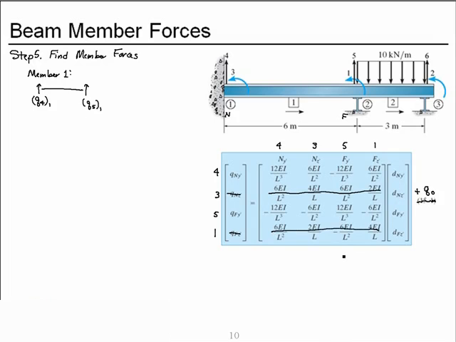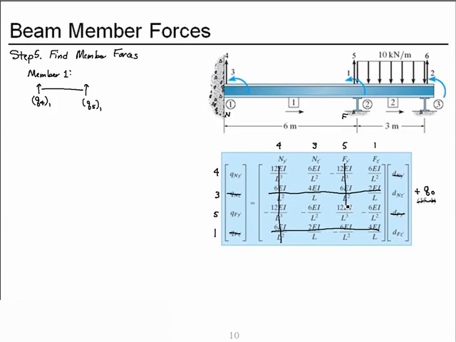I can also save a little bit of time by recognizing that the displacement at degree of freedom 4 is 0. So it doesn't matter what these coefficients are, they'll each be multiplied by this 0. Likewise, the displacement at degree of freedom 5 is 0.